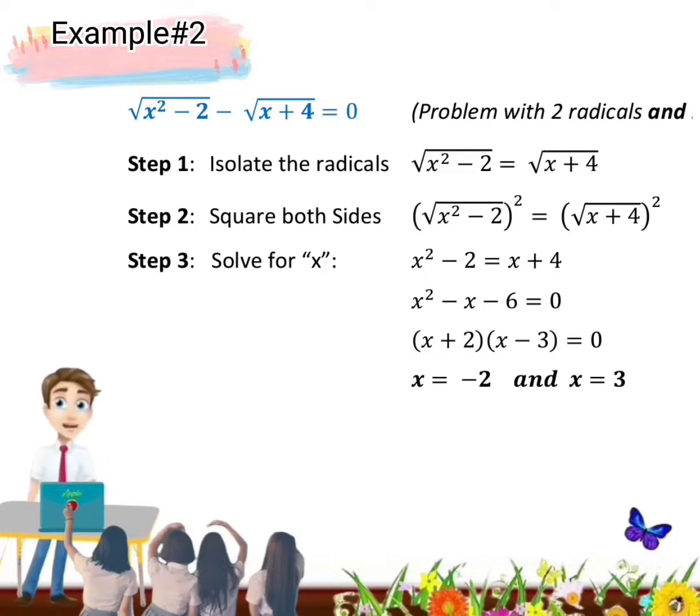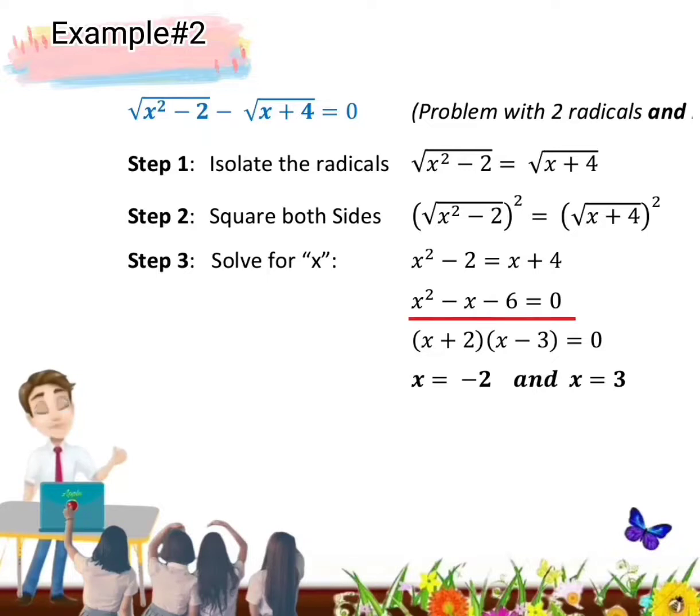And then after which we are going to form an equation that is equating to 0. Since we have here a quadratic equation, we can use any of the processes on how to solve quadratic equation. But this time we use factoring.